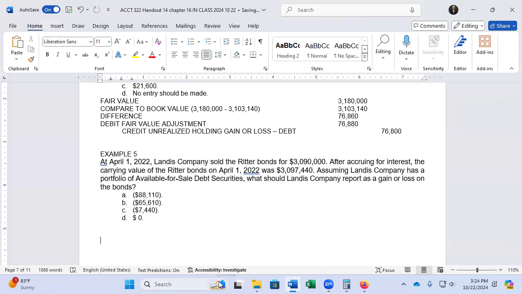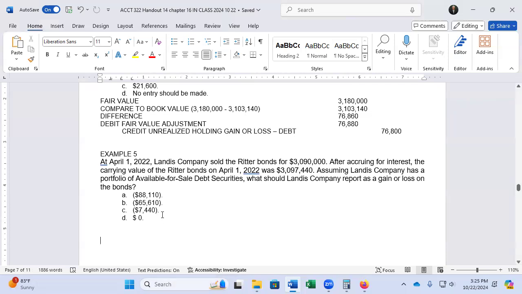Okay. At April 1, 2022, Landis Company sold the Ritter bonds for $3,090,000. After accruing interest, the carrying value of the Ritter bonds on April 1, 2022 was $3,097,440. Assume Landis Company has a portfolio of available for sale debt securities. What should Landis report as a gain or loss on the bonds?